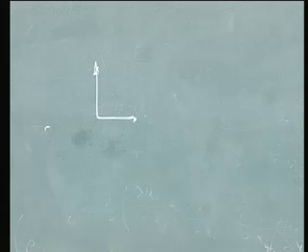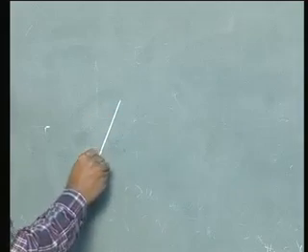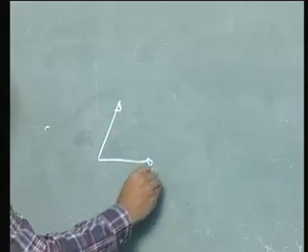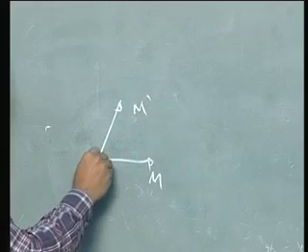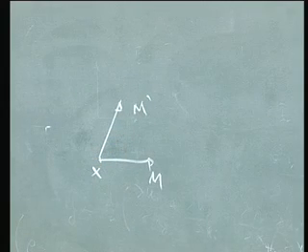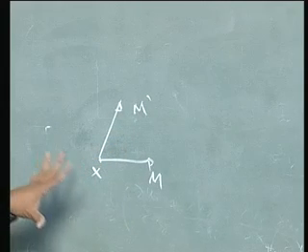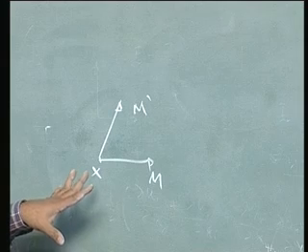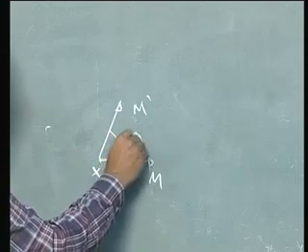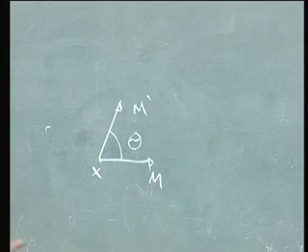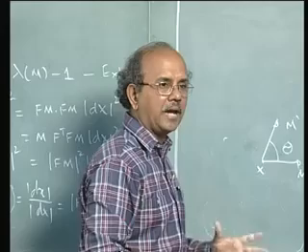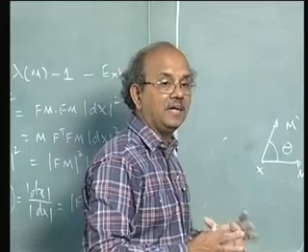Okay, so in other words, suppose I have, let me define that as m and m prime at a point x. Actually, I am just zooming into a point x in a body. Let me call that capital theta. My whole job here is to find out what happens to this capital theta under deformation.